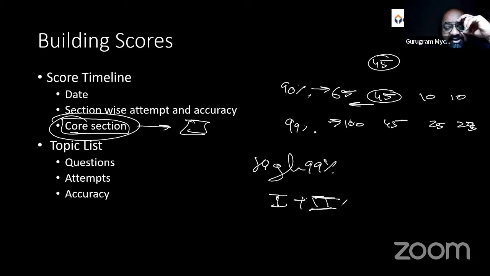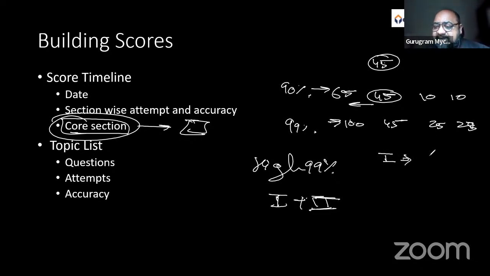If there is one section where your score is close to overall 90, you will get a 99 percentile, right? So if one section is core and my score in this section is close to an overall 90 percentile, that is around 60, I will end up getting a 99 percentile for sure.